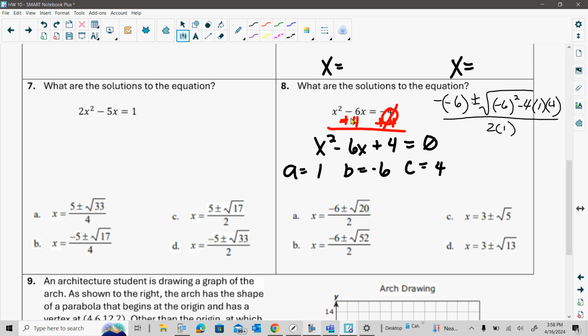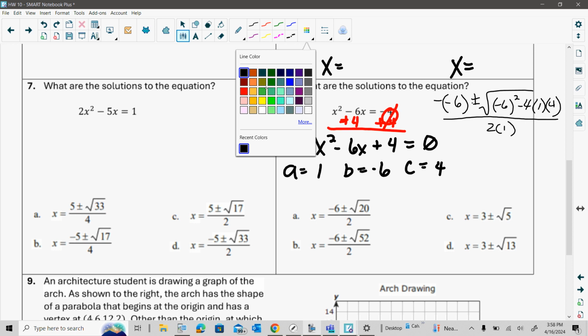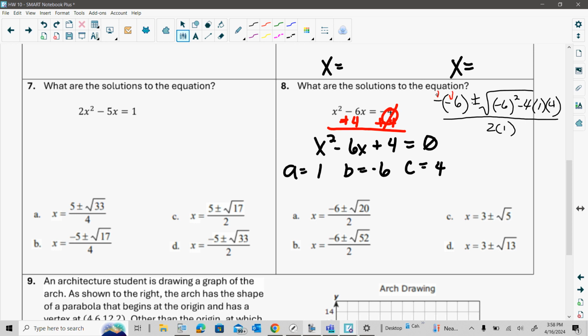So when I simplify this, hopefully right off the bat, we see this is going to make this positive. So 6 plus or minus square root of 20 all over 2. That's right, because that's 16, yeah. Now, right here, I see this is a positive 6, so that's eliminated. That's eliminated.